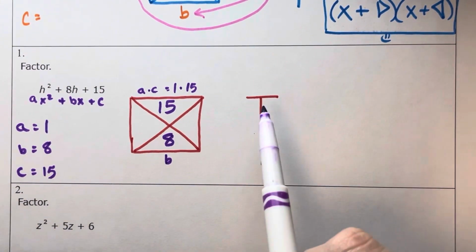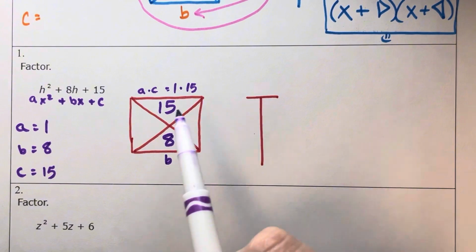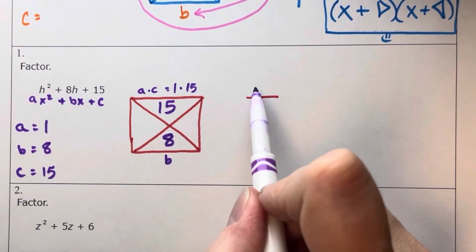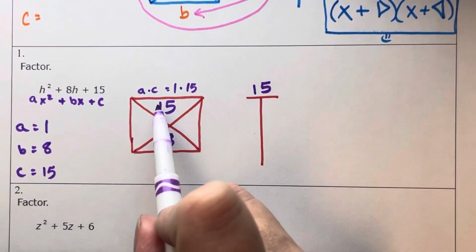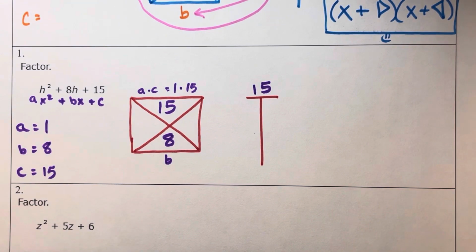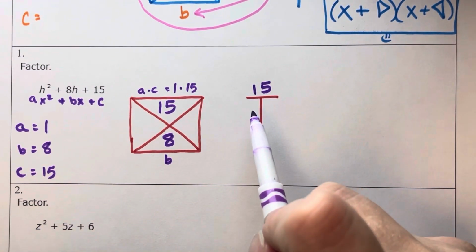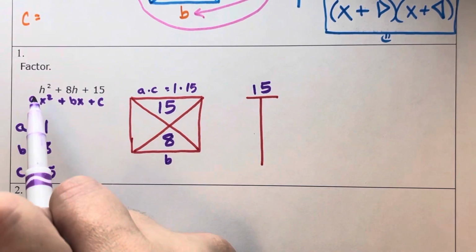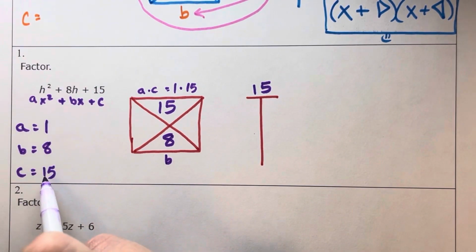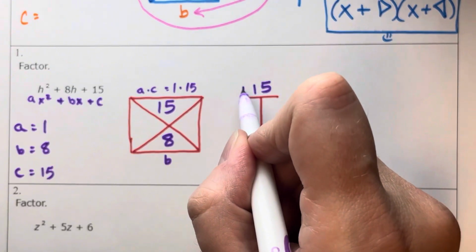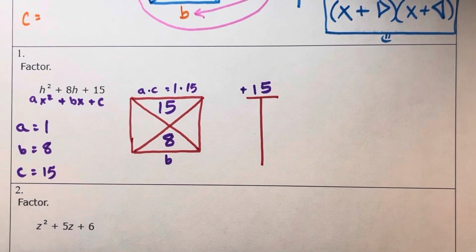Graphic organizer number 2. So at the top of this T-chart is the 15 that was living in the top of our box. So we say, okay, what are all the things that could multiply together to make 15? Acknowledging that this 15, looking at our A, B, and C numbers, happens to be a positive 15. Great.